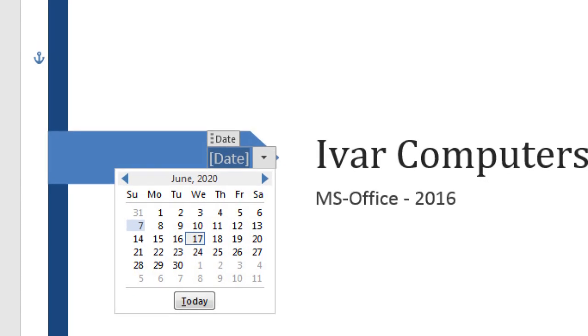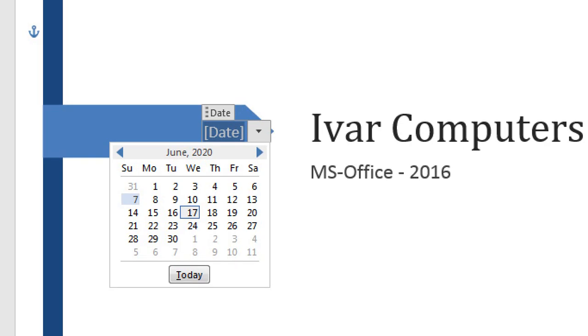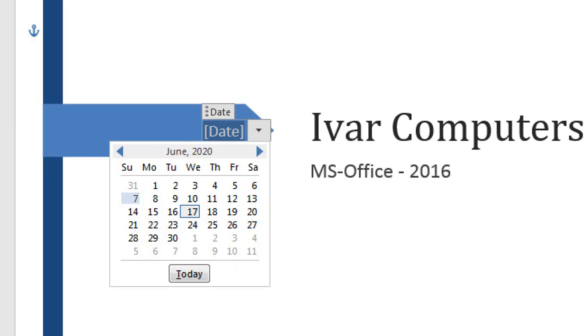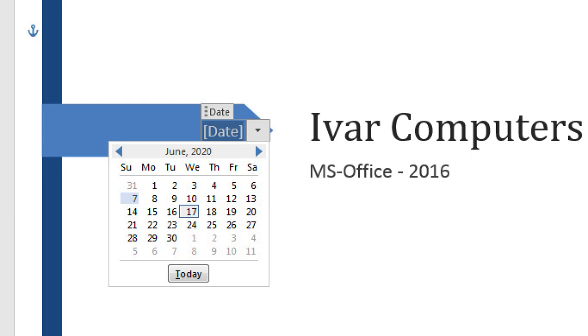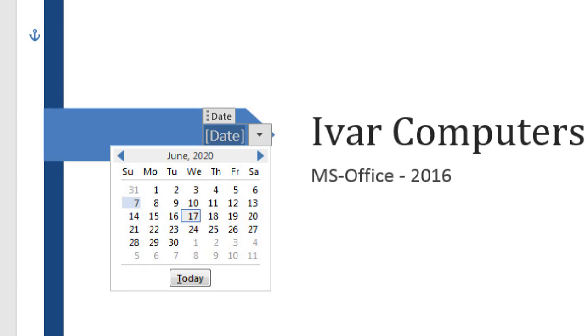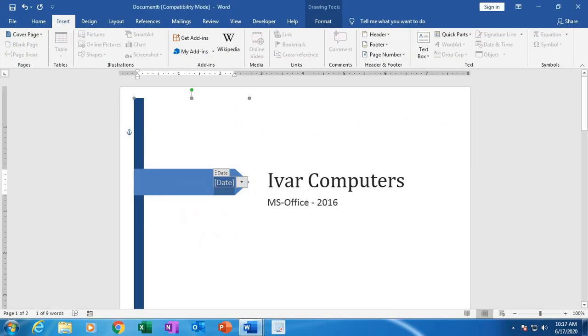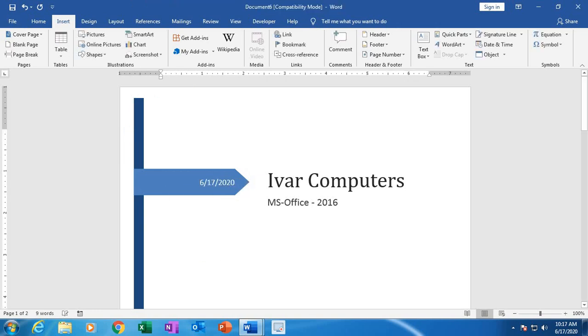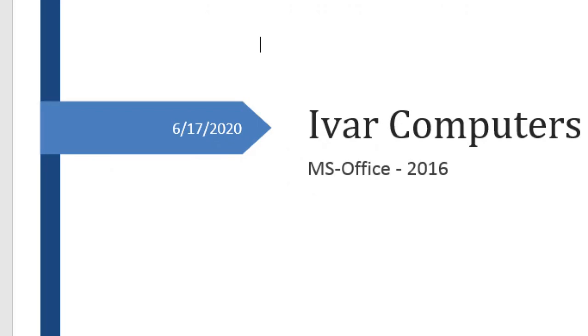June month 2020, and below, today is there. If I want today, I click on today. If I want the 20th or 21st or 22nd, whichever date I want, I have to click on that date. So I am clicking on today, like this. See, the date is imported like this.